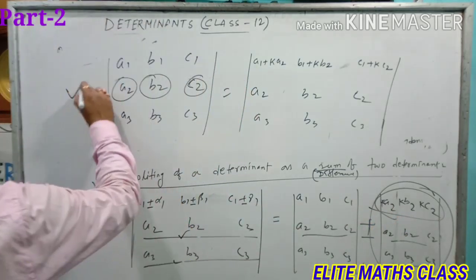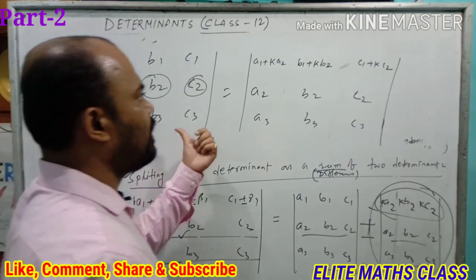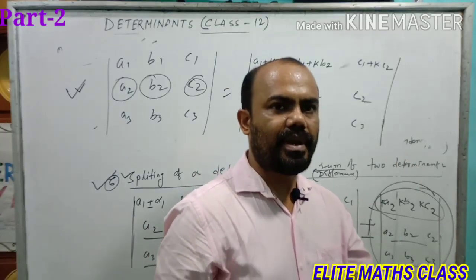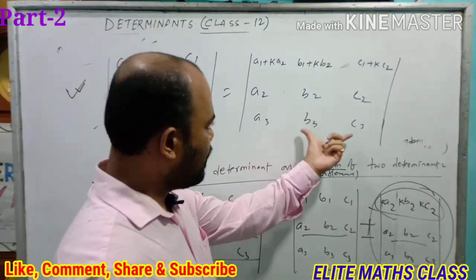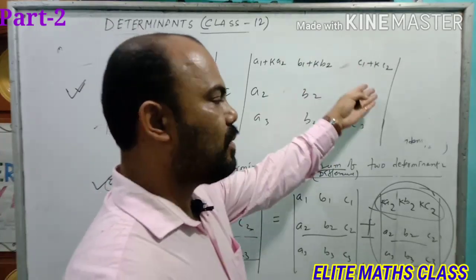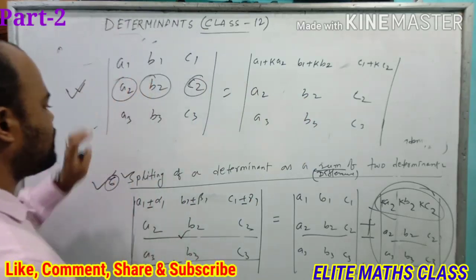That is, we can write this, that is the value of this determinant is equal to the value of the determinant when the elements any multiples of the any row or column is added to any row or column, then the value of the determinant is equal to this determinant.